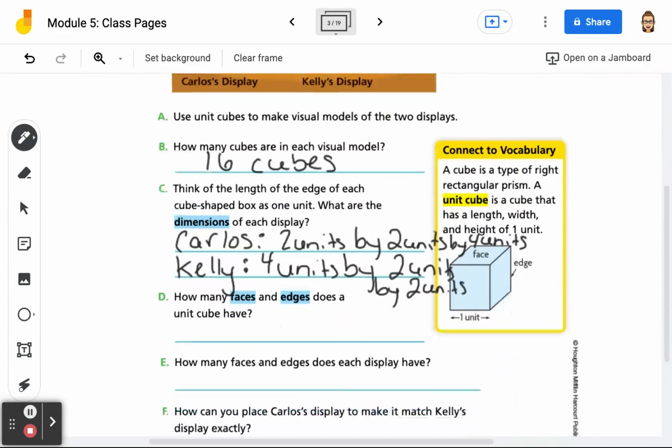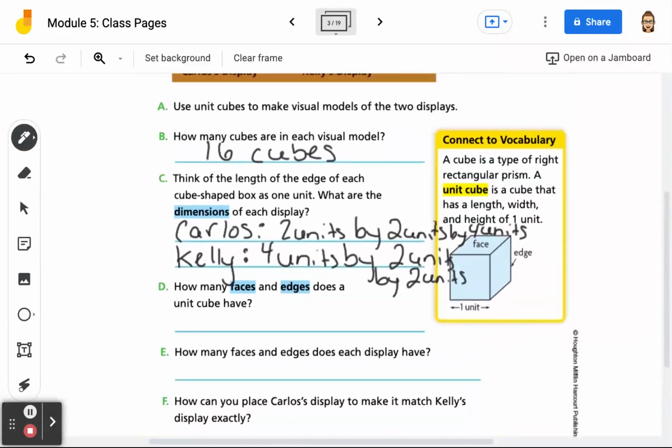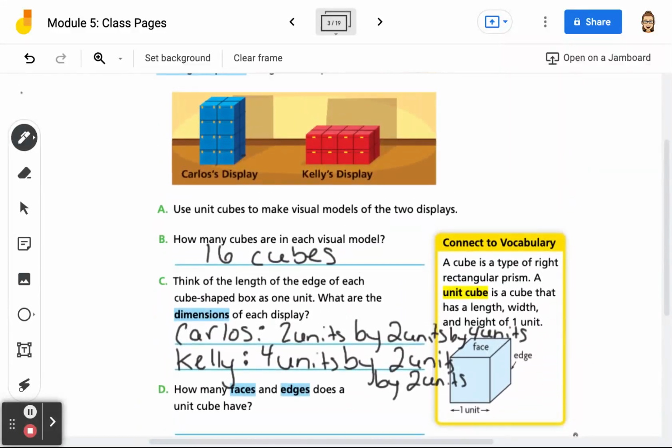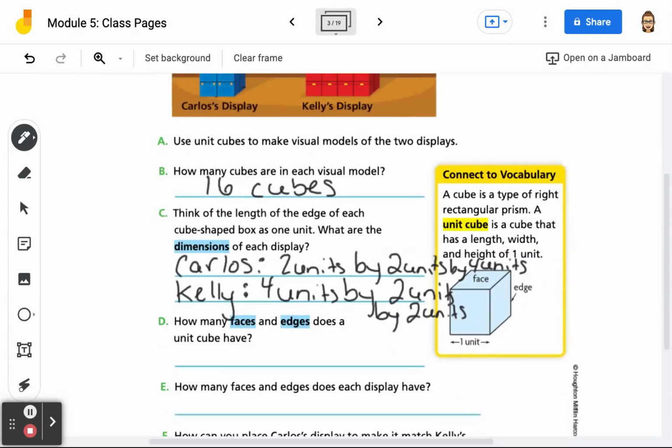So then it says, how many faces and edges does each unit cube have? Well, faces are like our flat ends here. So each one has 1, 2, 3, 4, 5, 6 faces. Oh, a unit cube, sorry. It's going to be the same. So we have 1, 2, 3, 4, 5, 6 faces.